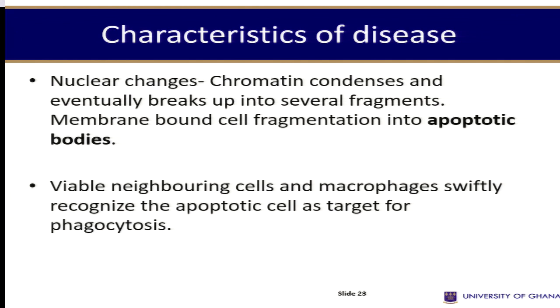For instance, the nuclear changes, the chromatin becomes condensed and breaks up into several fragments. But these fragments become membrane bound, and we call these fragments apoptotic bodies. Viable neighboring cells and macrophages swiftly recognize the apoptotic cell and the apoptotic bodies, and they phagocytose them.